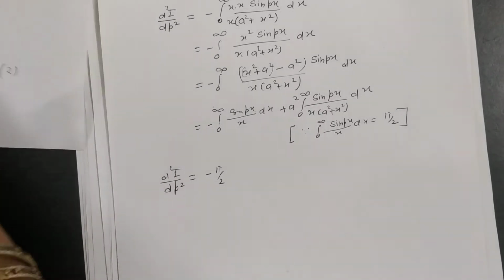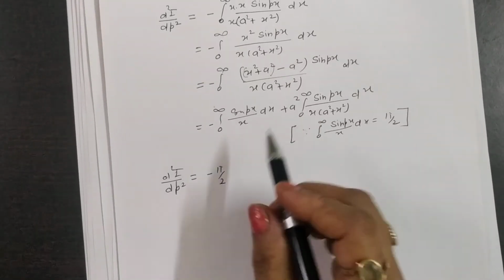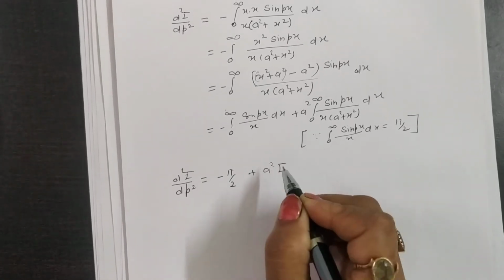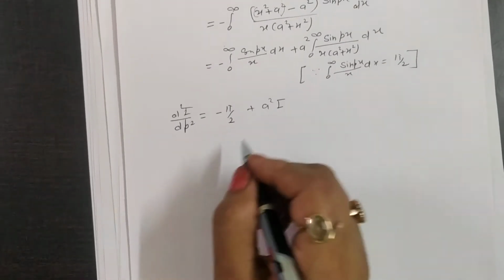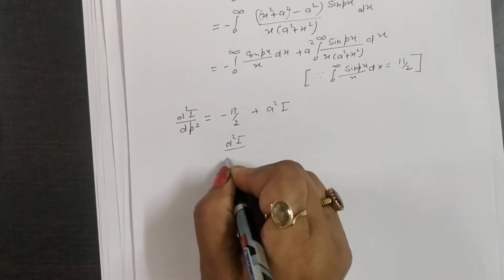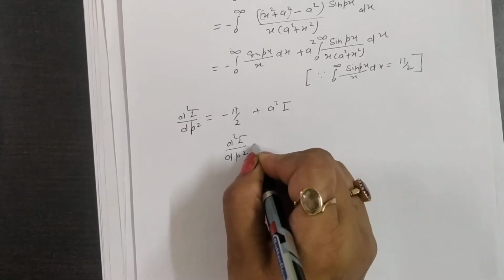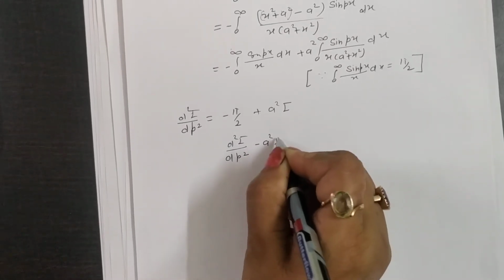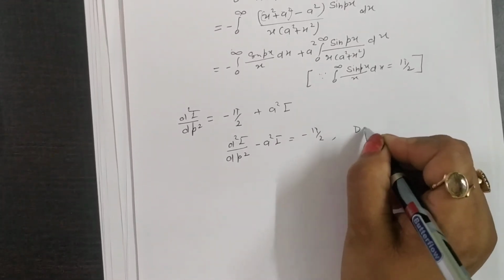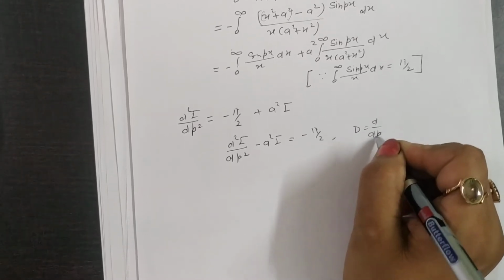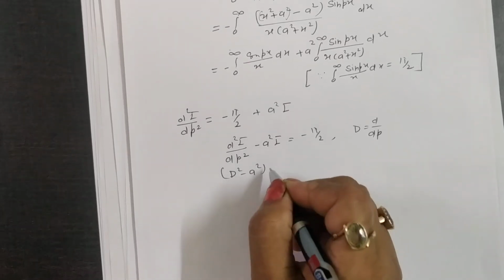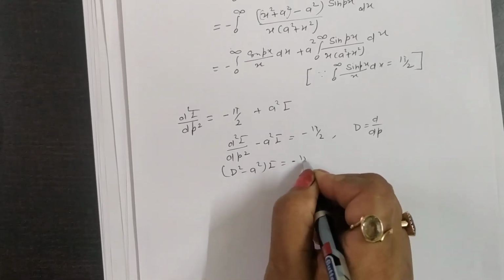So we get plus a square I. This equation can be written as d2I by dp2 minus a square I is equal to minus pi by 2. If you write D as d by dp, then this equation can be written as D square minus a square, I, is minus pi by 2.